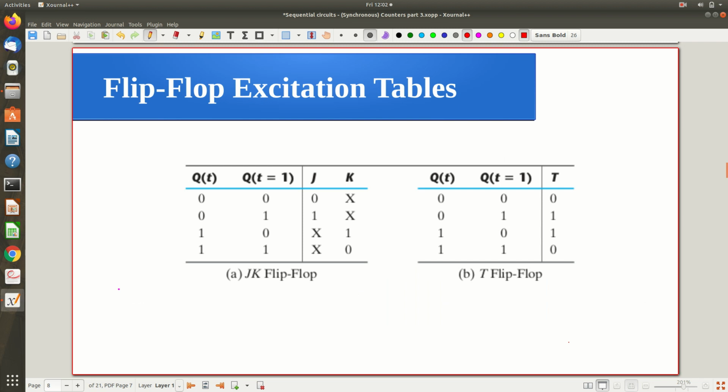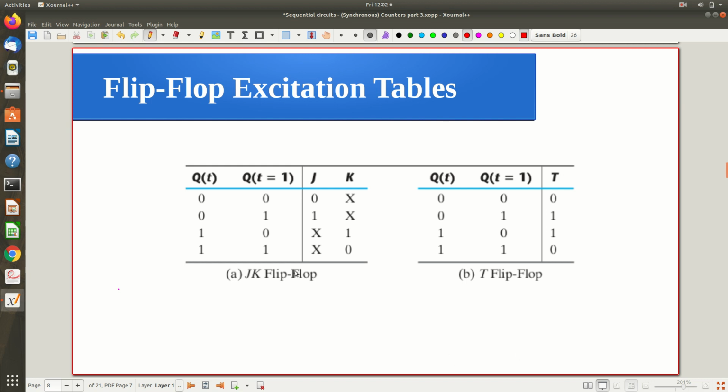But there is another table that is of interest, because in counter design everywhere we will see it: an equally important concept called the excitation table. The excitation table gives you the reverse thing: for a given output transition, I want the output to change like this, what should be the possible input? To have this kind of output transition, what is the input?